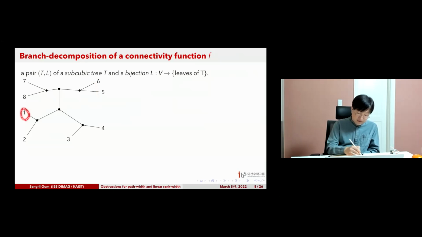I label these leaves by numbers representing each element of V. Such a pair is called a branch decomposition.